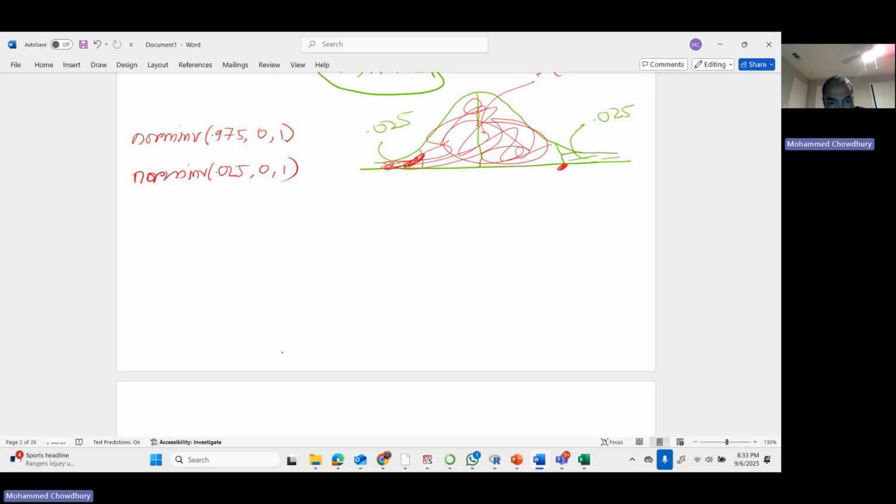The confidence interval for the proportion formula is this: p hat plus minus z of 0.95 times the square root of p hat times 1 minus p hat divided by n.